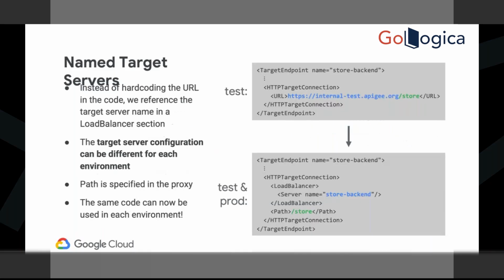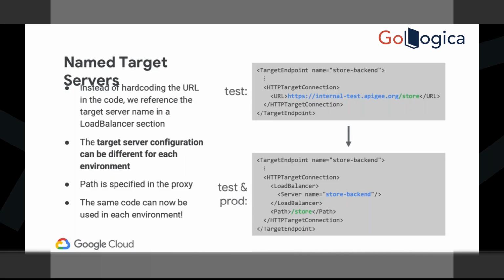Usually in Apigee, rather than hard coding this whole thing, we replace this URL with the load balancer tag. In the load balancer tag, you see the server name, which will have the name of the target server, and as I told you, the target server only contains the host name and port number.